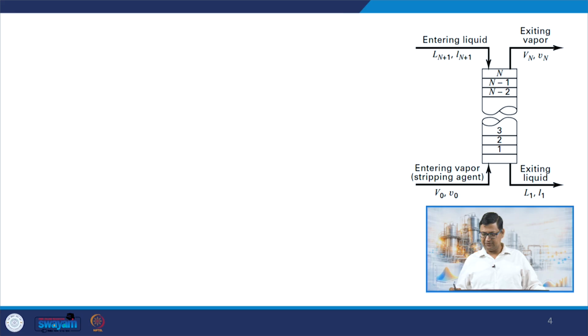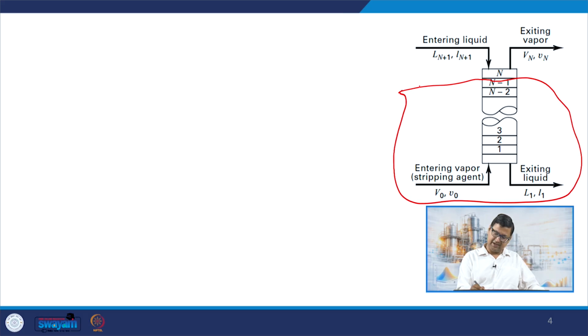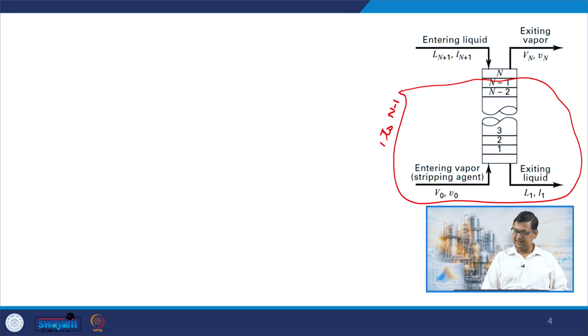By the logic that we followed earlier, I am going to do a balance from stage 1 to n minus 1. What is entering between 1 to n minus 1? V naught is entering, but V naught is assumed to be 0. What else is entering? We have a liquid entering from stage n.